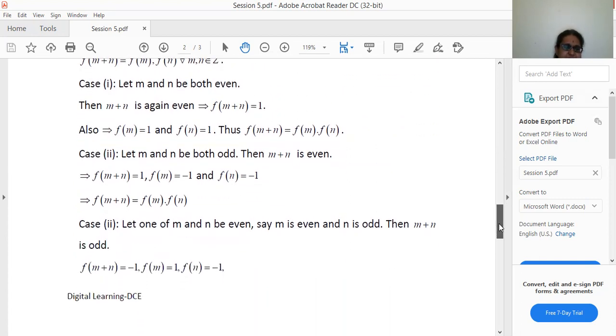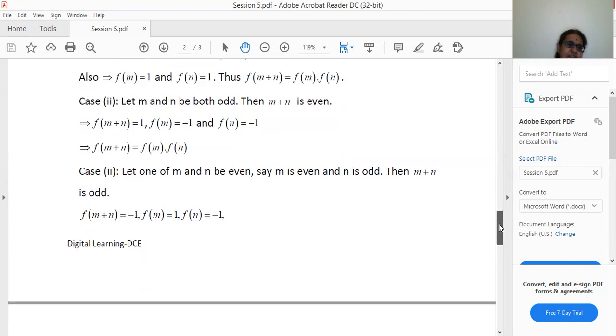Third case, here let one of them be even, that is let m be even, n be odd, then sum of even and odd, m plus n, is again odd. So since m is even, f of m is 1, n is odd, so f of n is minus 1. m plus n is odd, so f of m plus n is minus 1.